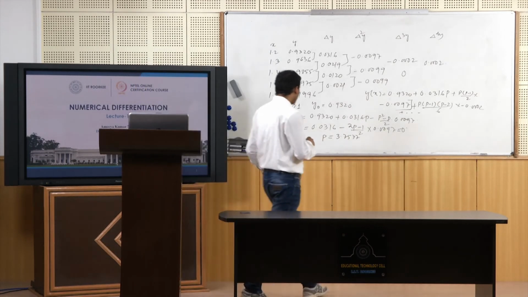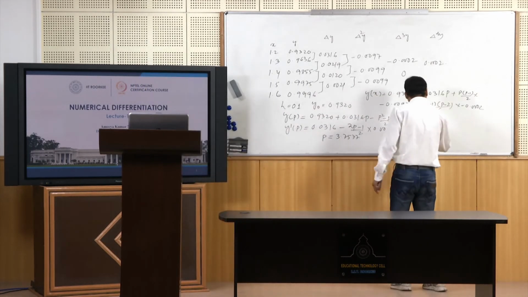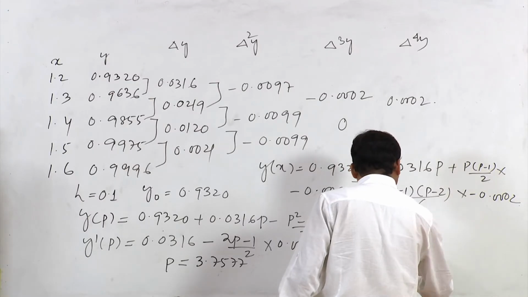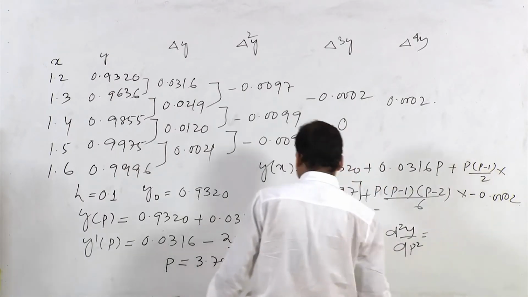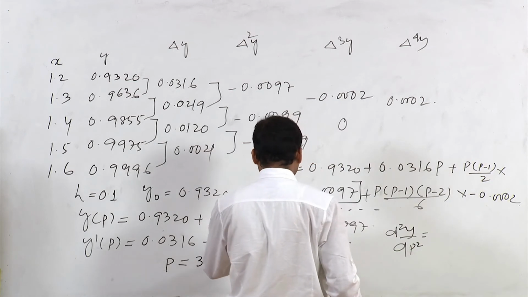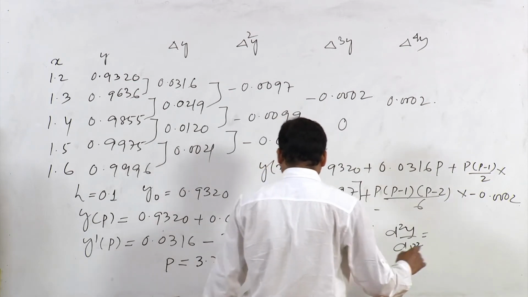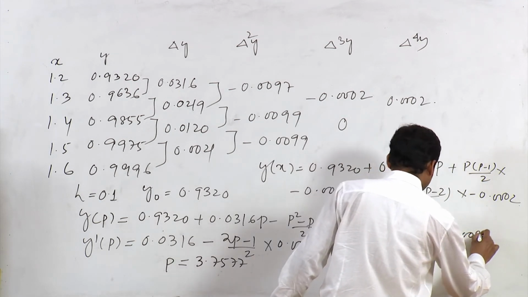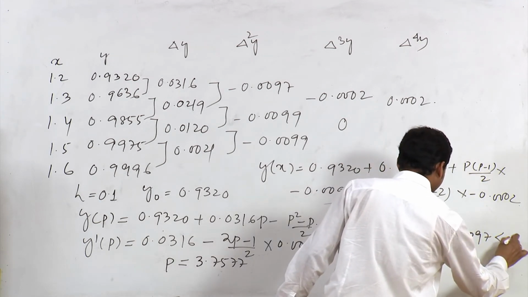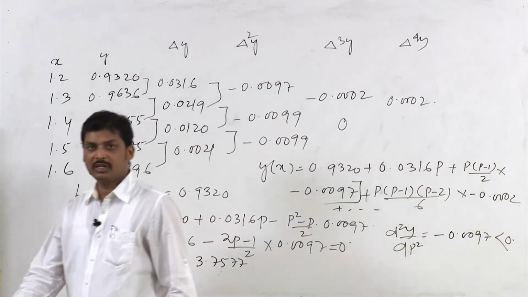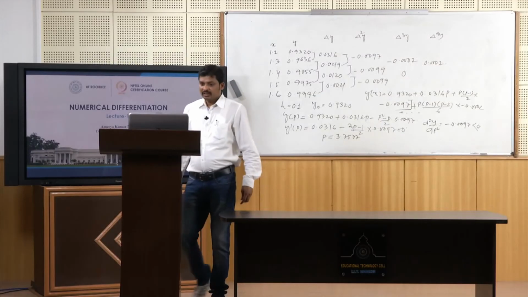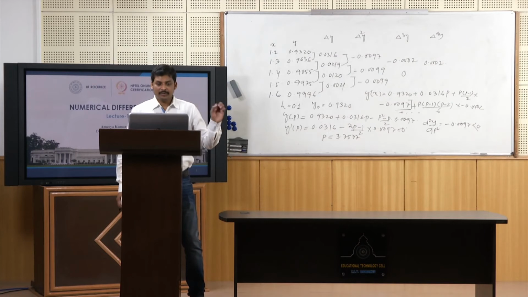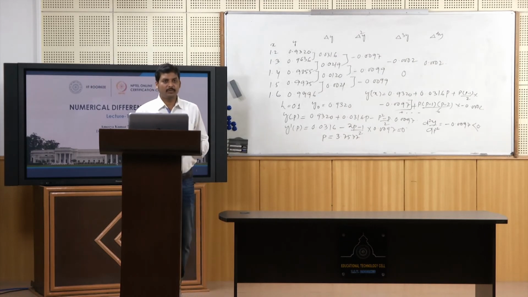So if you evaluate d square y by dp square here, it is giving you directly minus 0.0097. This is less than 0 already. So that is why we can say that this second order derivative is negative, which means we will have a maximum value at point p equals 3.7577.